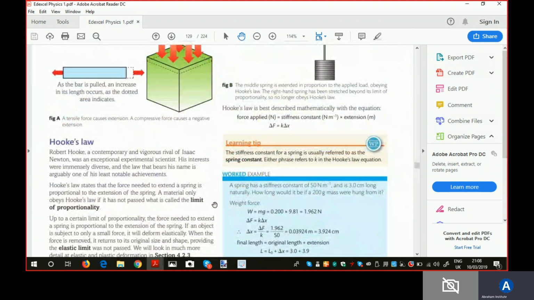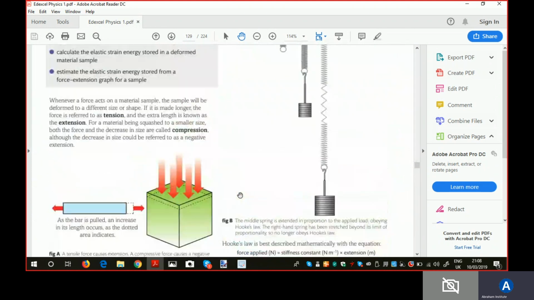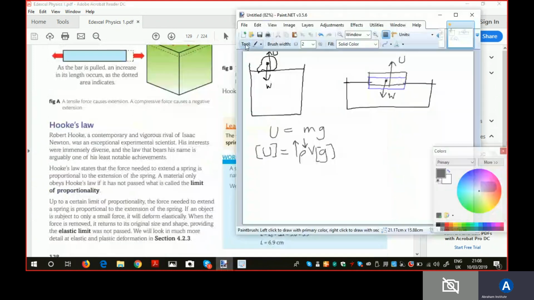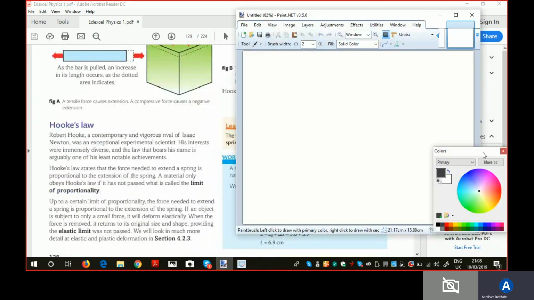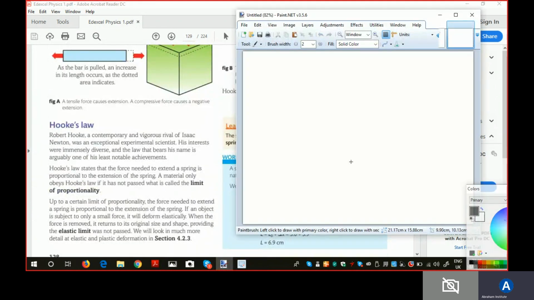And Hooke's law is obeyed only up to the limit of proportionality, because if you draw a graph of force versus extension, it will be a straight line only up to a certain point, where the spring or the material is not stretched beyond its elastic limit. Okay, so here let's say we have the applied force F, or the force in the spring rather, and this is the extension.